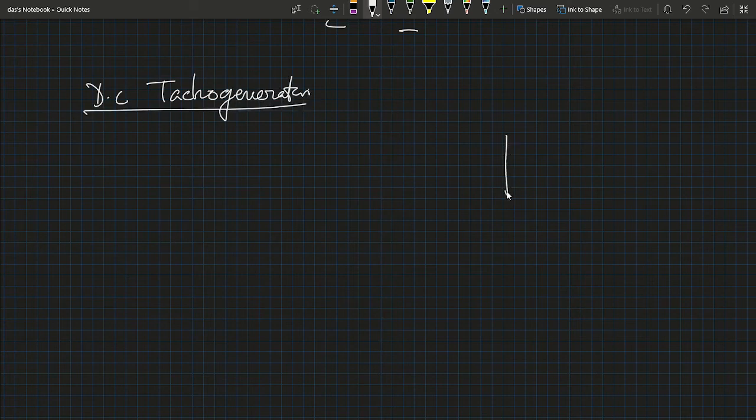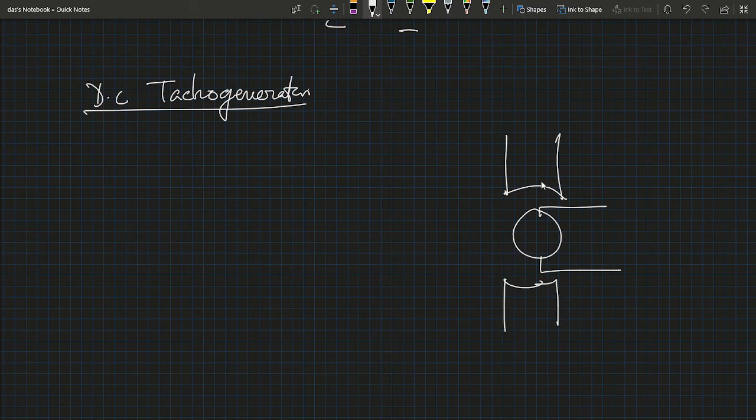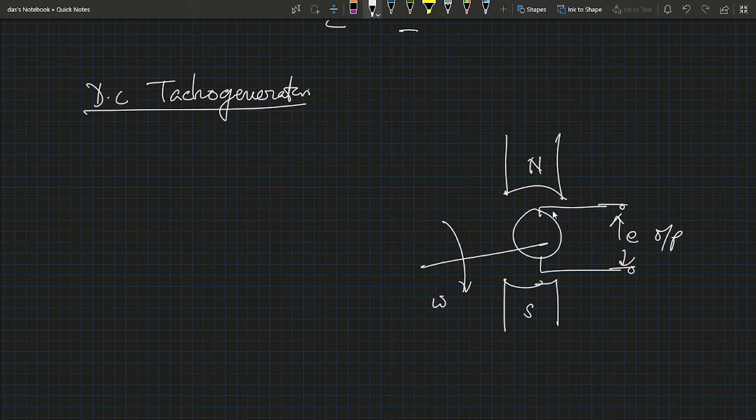So now this is first the diagram of a DC tachogenerator. This is north and south pole, and here the angular rotation speed omega, and here the output is E. Now this is a figure of this tachogenerator, used to convert a rotational speed into a proportional DC voltage.